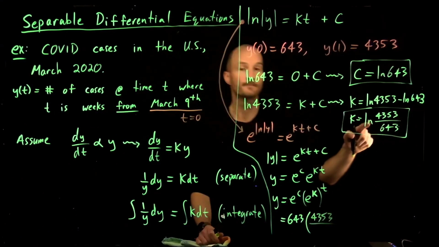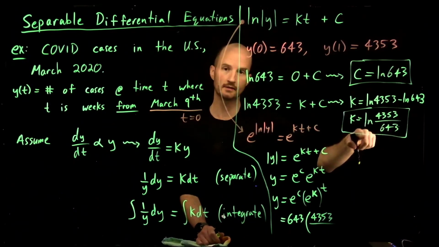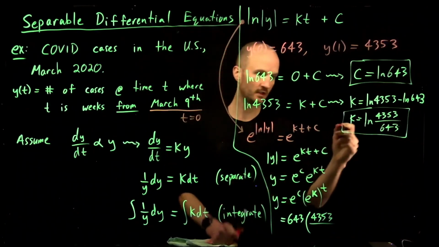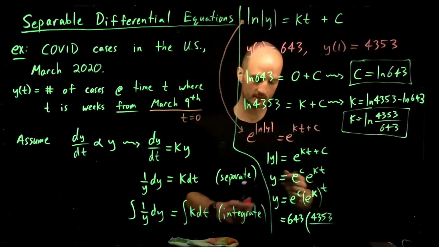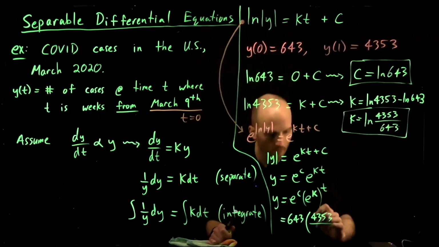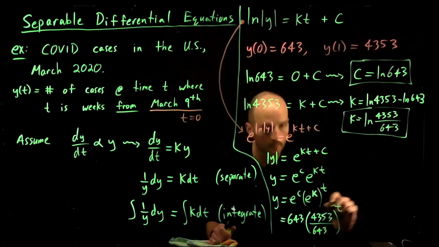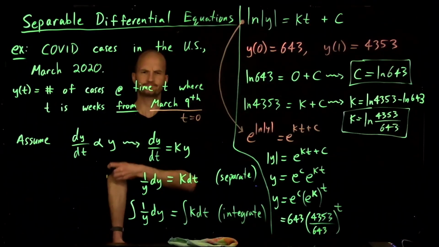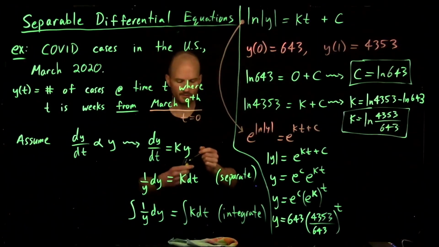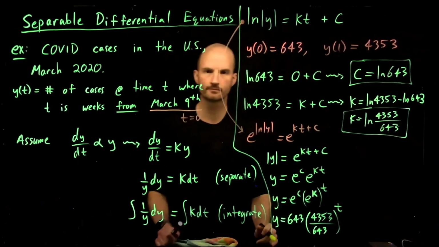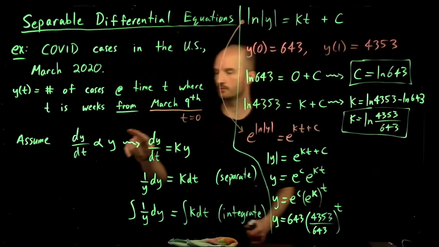And e to the k is just this thing with the ln deleted, because remember I'm sticking an e right here, sticking an e right here, and then the ln and the e cancel, to the power of t. So there's my function. I have y given in terms of just t.